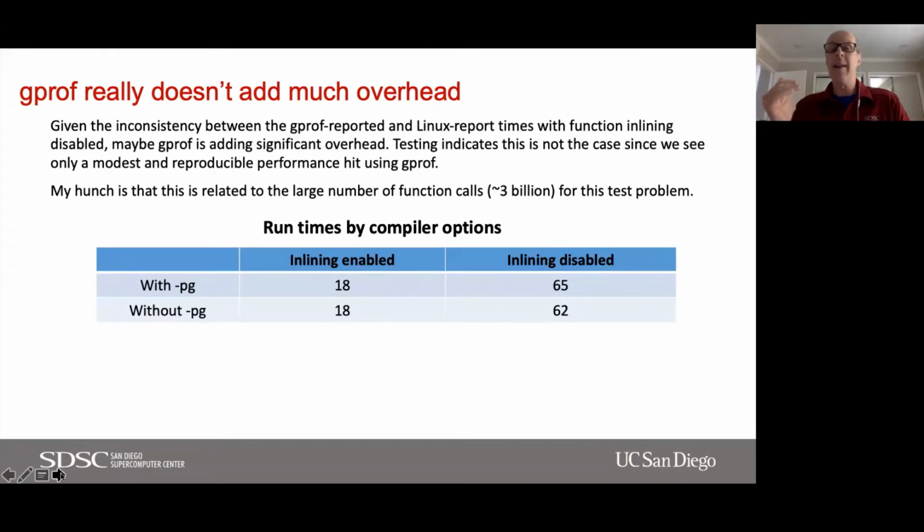With the inlining disabled, we saw a little bit of a difference, 65 seconds versus 62. That's not much overhead. And also this code is a little pathological because we're making many calls to functions that really don't do very much work. But generally you're going to see that gprof adds very, very little overhead.